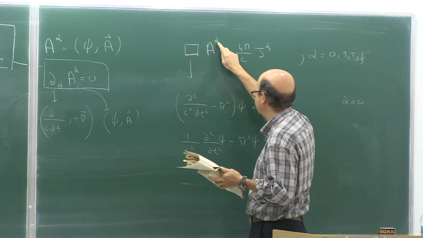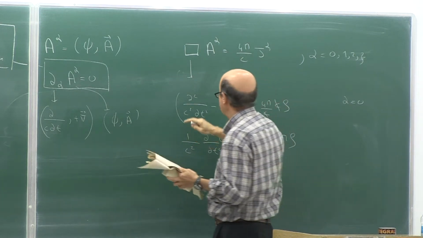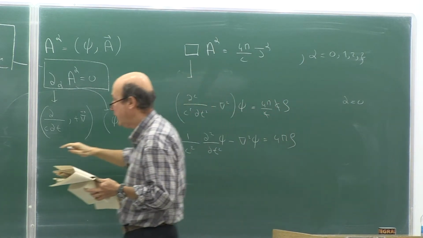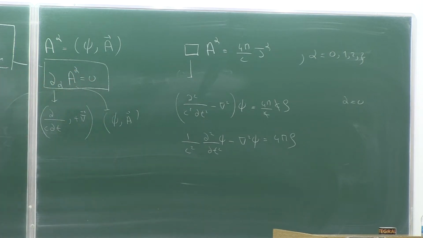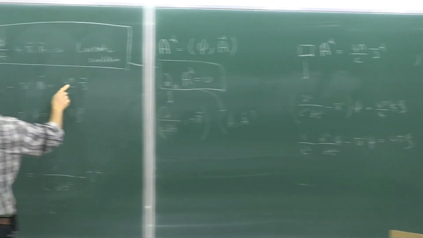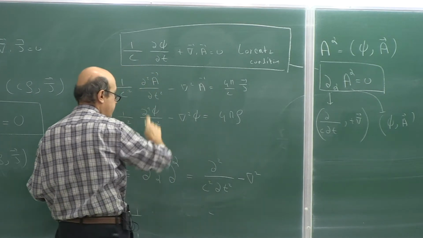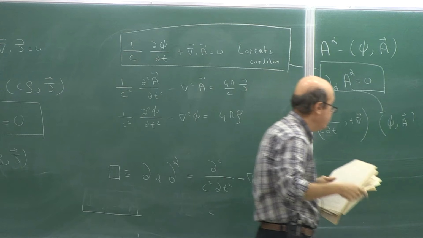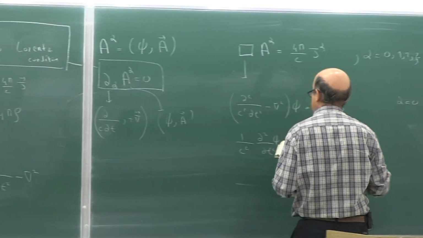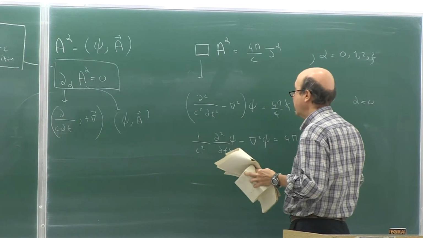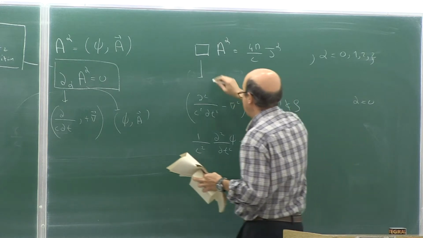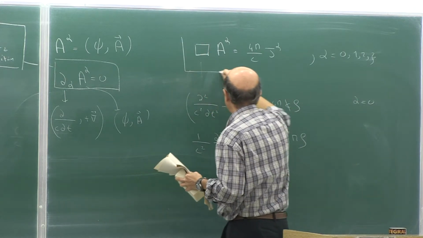And if you work on the x component, you will find the non-homogeneous wave equation for the x component. If you work on the y component, you will get another equation, and for z again, you will obtain 4 sets of independent non-homogeneous wave equations, and this is again covariant.